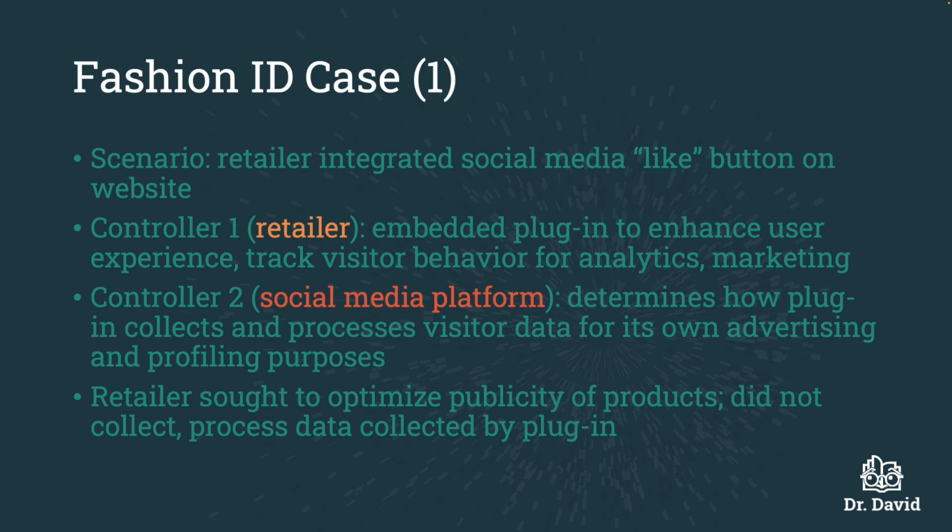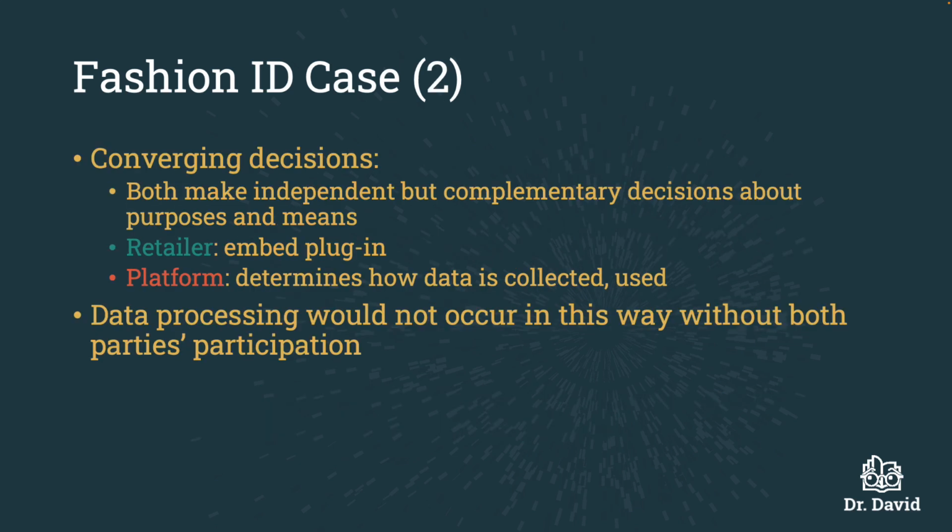So the retailer sought to optimize the publicity of its products, but did not collect and process the data collected by the plugin. Here we have an example of a converging decision. Both the retailer and the social media platform are making independent but complementary decisions about the purposes and means of the data being collected.